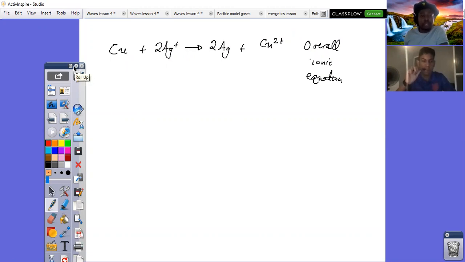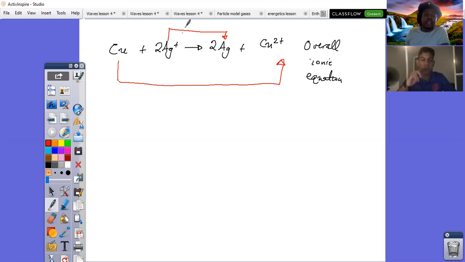So sometimes, Rahil, it does help to write the overall ionic equation before you start doing your half equations. The half equations are going to involve: how did I get from Cu to Cu2 plus? And how did I get from 2Ag plus to those 2Ag? Here, because there are 2's on both sides, when you write your equation, you don't need to involve this 2.